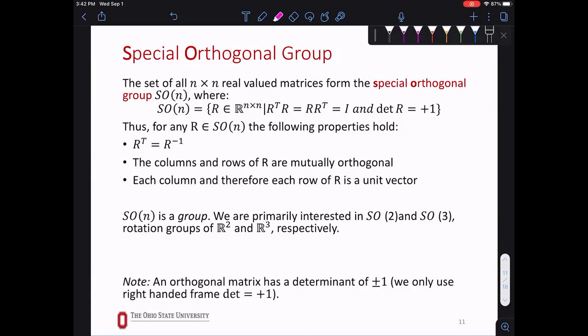And the orthogonal matrix has determinant plus or minus 1, but since we only use the right-handed rule, it's going to be 1. So the determinant of that rotation matrix is going to be 1. You're not going to directly use it, but sometimes you will use it when you're going to prove things.